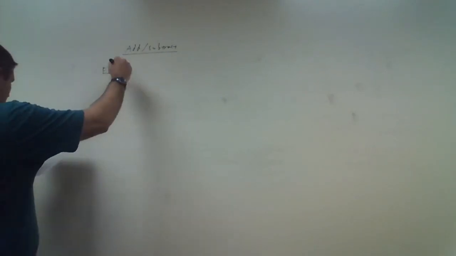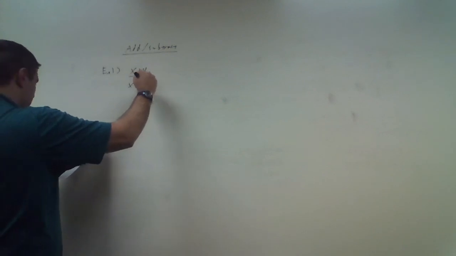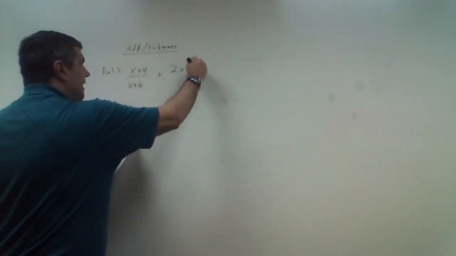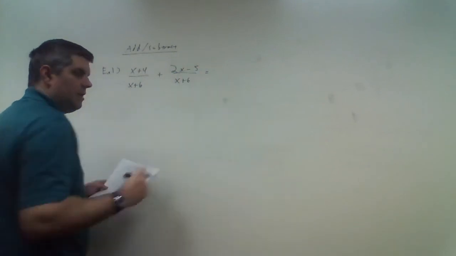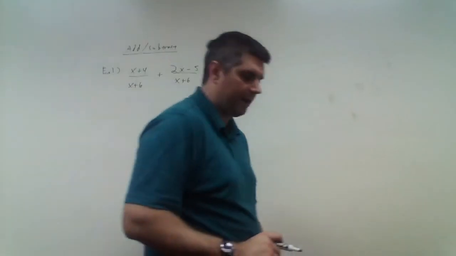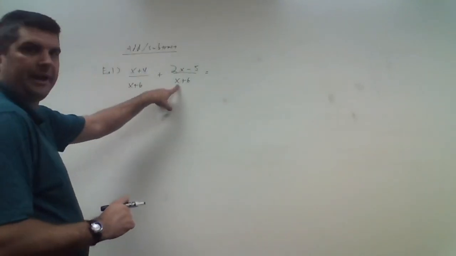So, example 1. I have x plus 4 over x plus 6 plus 2x minus 5 over x plus 6. Now, what we have here is a pair of like denominators.